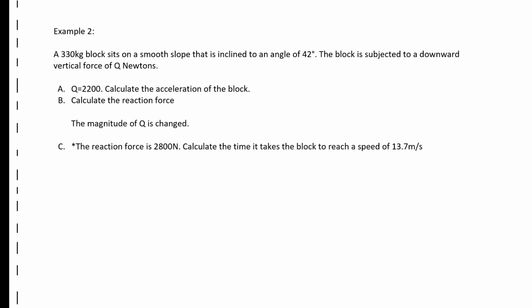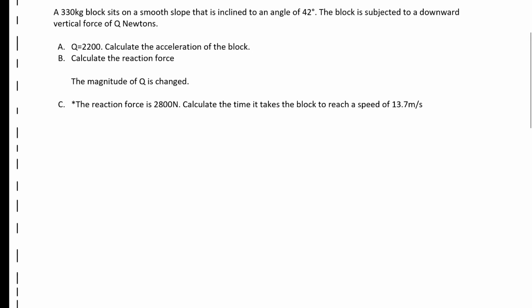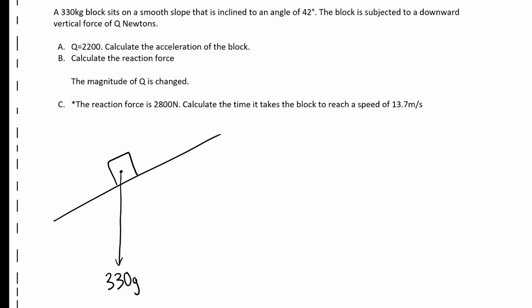I will now go through and deal with the question. So before looking at A, B and C, we can just draw the relevant picture. So we've got a 330 kilogram block. So it's got a 330 G weight acting straight down, a reaction force R acting perpendicular, and then there's this force of Q newtons that acts straight down on the block like that.